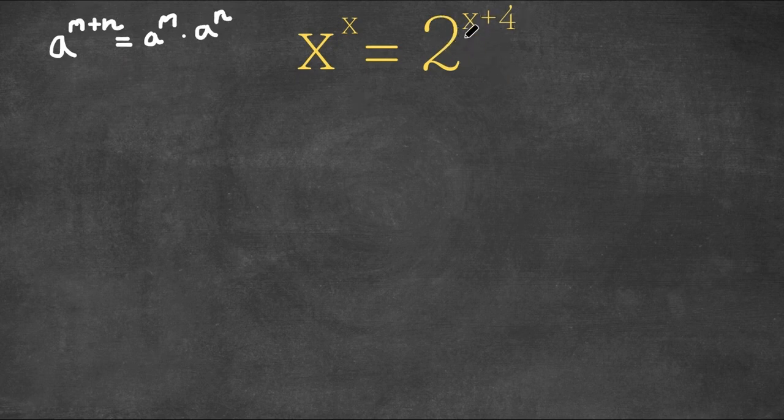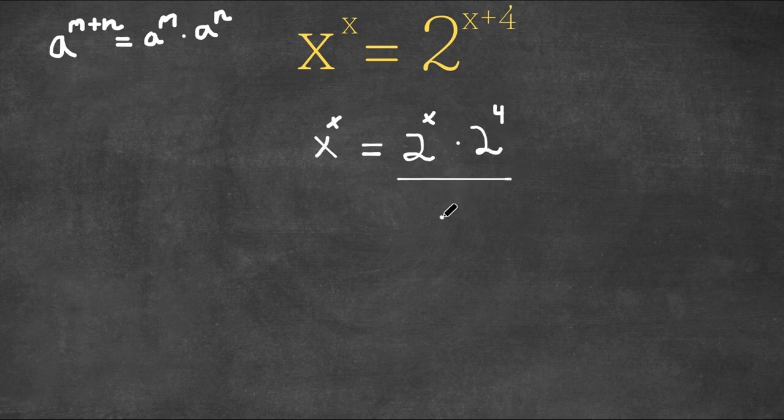Think of 2 as a, x as m, and 4 as n. So we could rewrite this as 2 to the power of x times 2 to the power of 4. So x to the power of x is equal to 2 to the power of x times 2 to the power of 4.